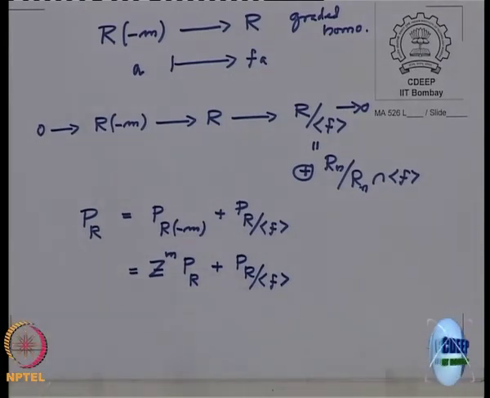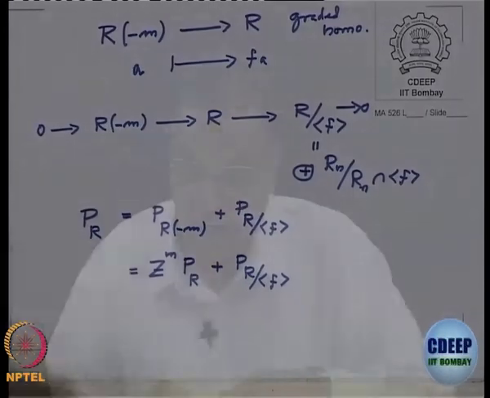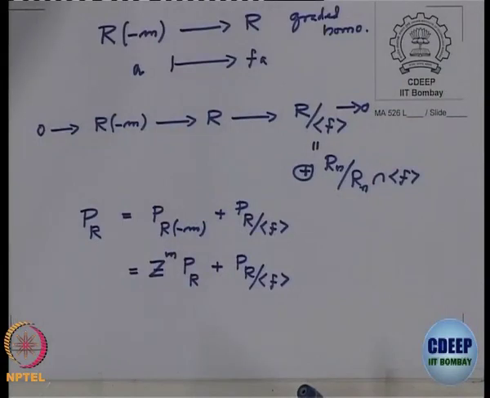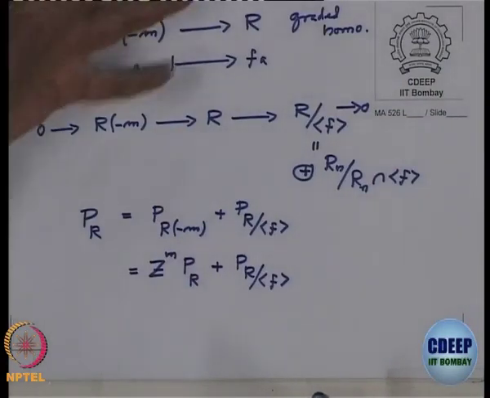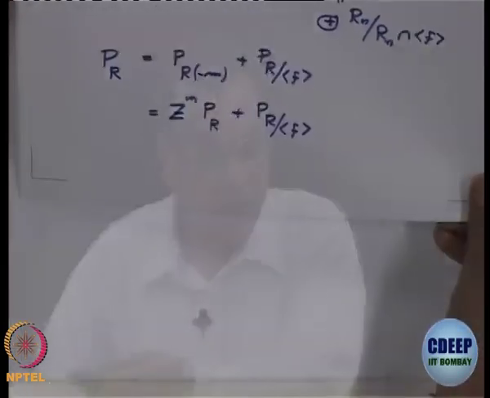And there is nothing special about the ring, I could have done this for a module, and the only thing I need to assume is that this homogeneous element f of R should be a non-zero divisor for the module M. So, let me write the statement now. Let us simplify this a little bit. So, we should write this in terms of the other P_R.